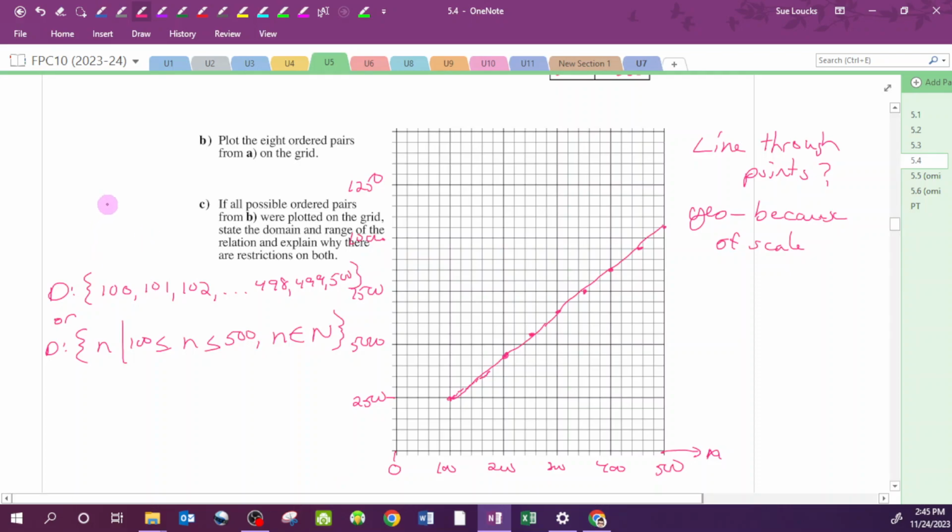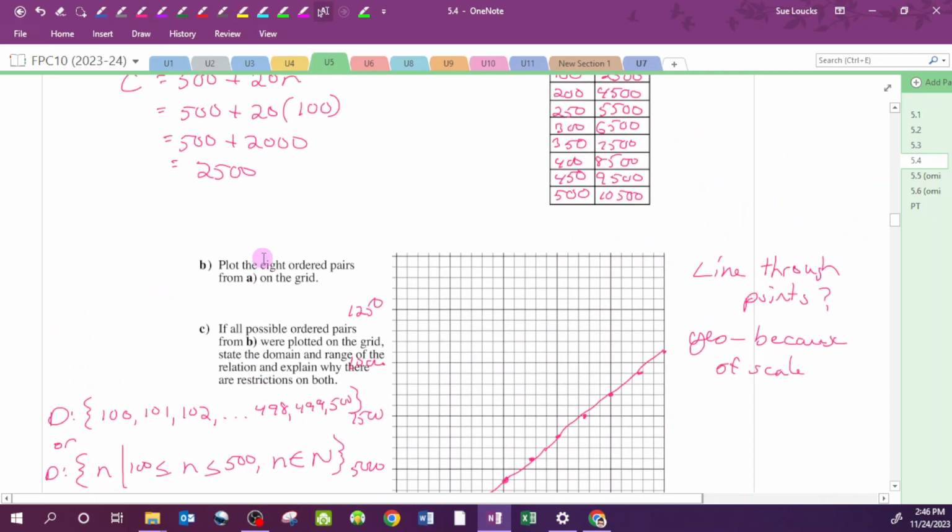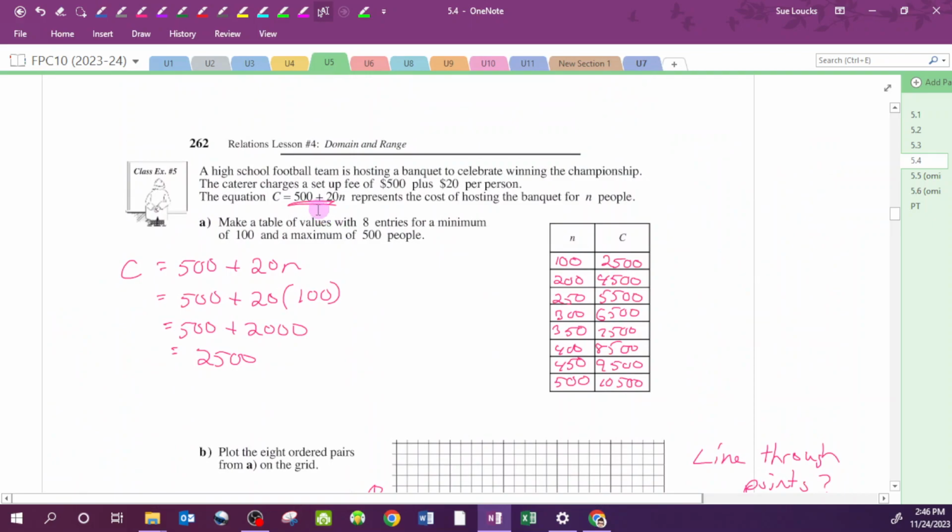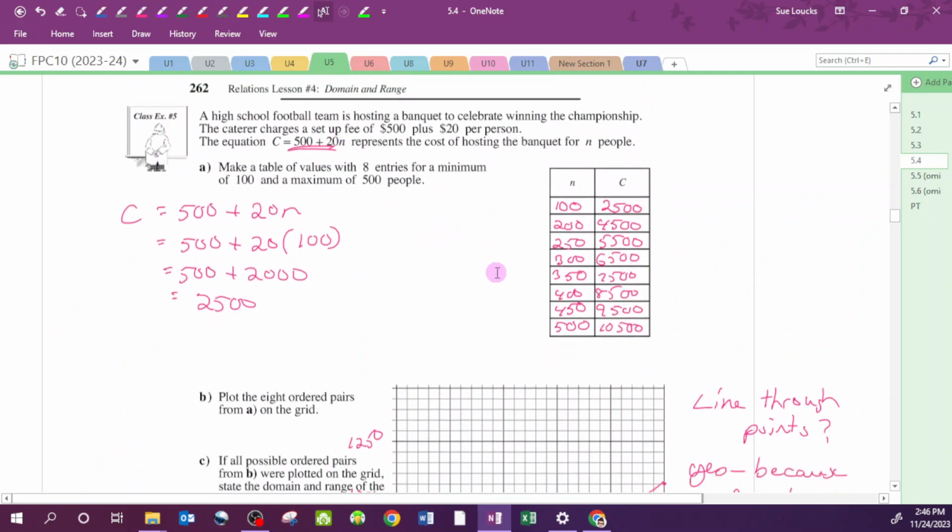And then the range. Now the range is weird because it's not every number, but it's not all the integers or all the natural numbers either. It starts at 2,500 and then goes up by multiples of 20, right? Because if we look at the equation, every time you add a person, you add $20 to your fee.